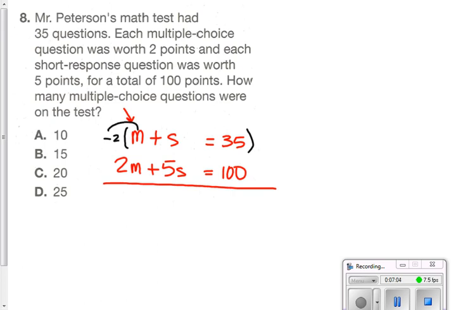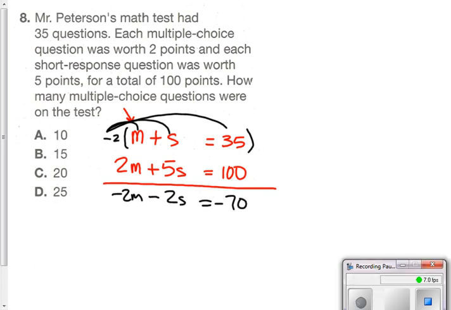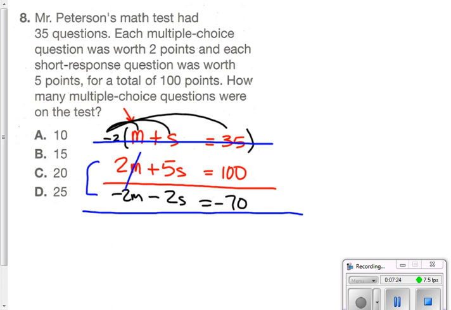When I do this, I get -2m, -2s, and -70. Now you have a new problem. This is no longer the same equation. Here are my 2 equations. I'm going to eliminate my m's. Boom. 2m minus 2m, taken out. 5s take away 2s is 3s. 100 take away 70 is 30. Divide both sides by 3 to get s alone. We find out s equals 10.